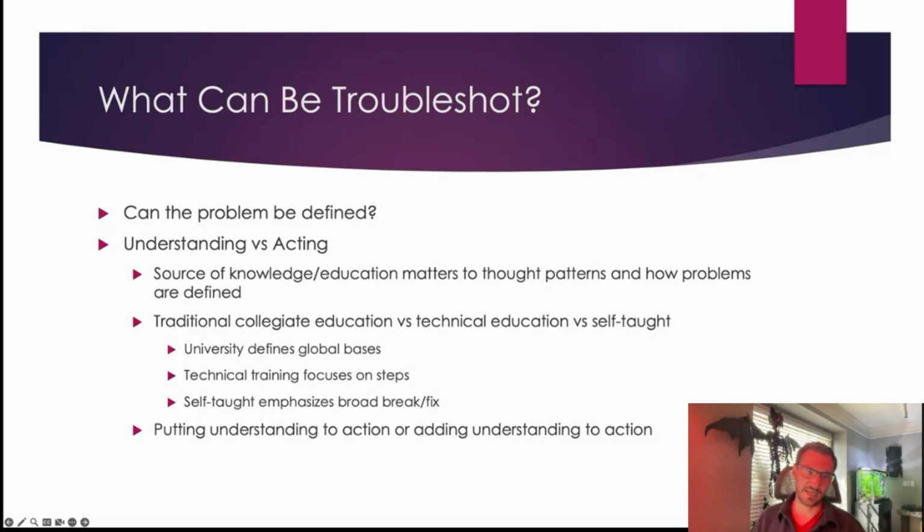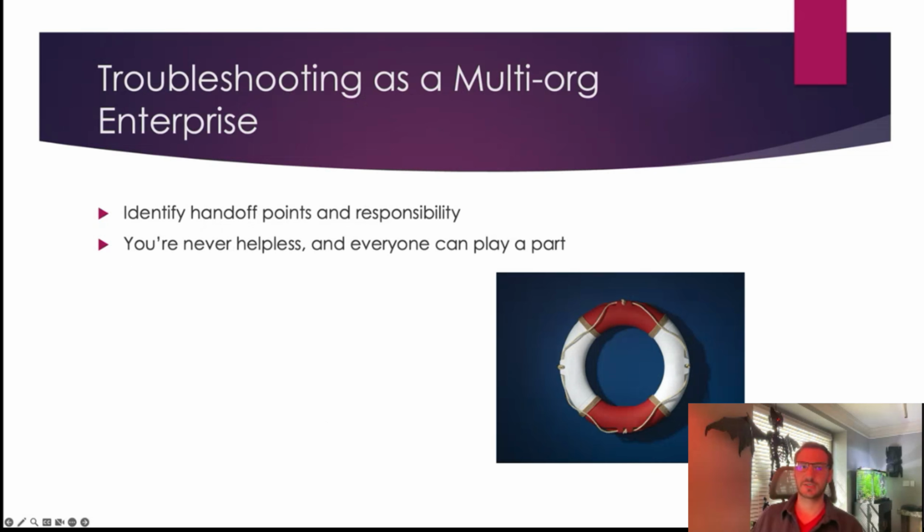So that's where that last bullet point is there, putting understanding to action or adding understanding to action. It's an important aspect of it, but it's also important to note that different teams do work differently and different people on different teams do work differently. So just because you see the view in a particular way doesn't mean other people don't see other things that maybe you don't see, or you see things that maybe they don't. So it's just important to consider the background a little bit.